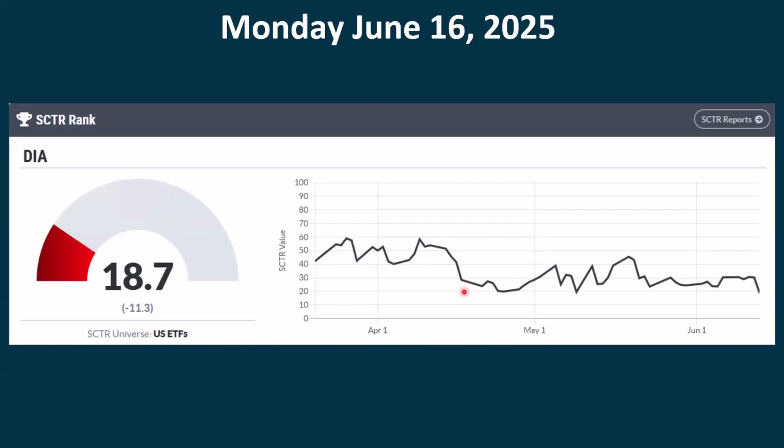Then we start to really drop down here. The Dow, now Boeing, which suffered the 787 crash this week, has been having some problems. There are some components in the Dow that have been struggling, and that's really causing the Dow to lose some of its score. It was able to get above its 200-day moving average earlier in the week, but then on Friday it dropped down below its 200-day moving average, and now it's coming in with a score of 18.7.